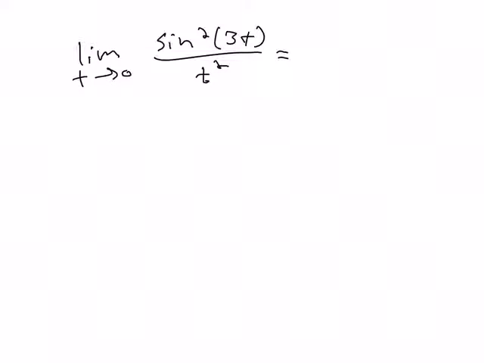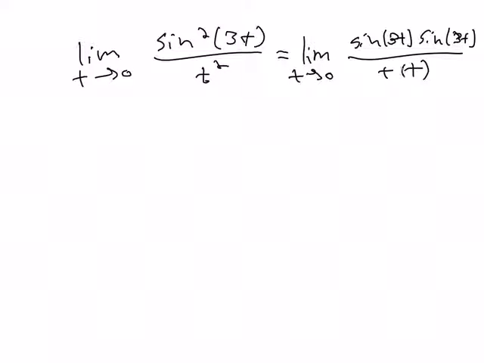This is going to be equal to the limit as t goes to 0 of sine of 3t over t times sine of 3t over t, right? So all we really need to find is the limit as t goes to 0 of sine 3t over t. That's all we're trying to find.